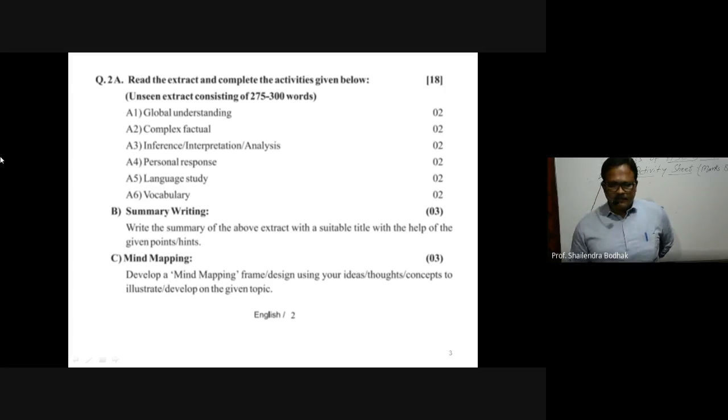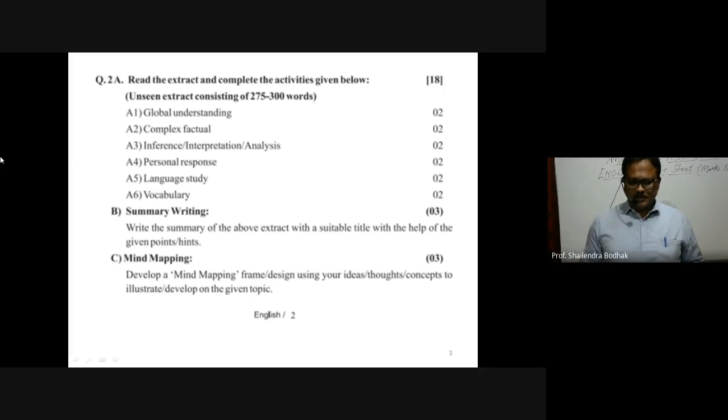They will give you points on mind mapping and they will ask you to add sub points. For example, the topic may be given as to prepare a mind map or frame or design a mind map to show benefits of reading. This type of question may come.